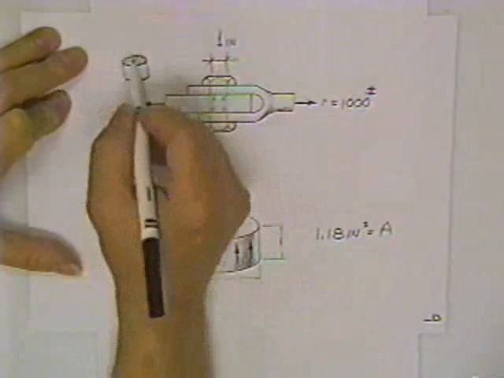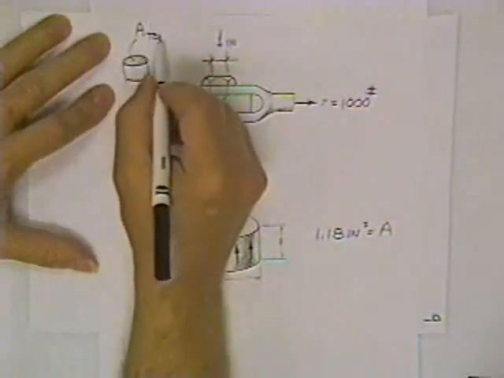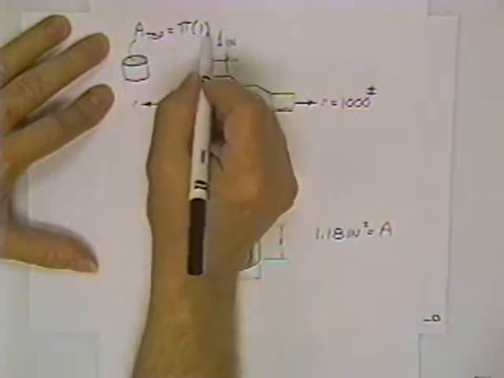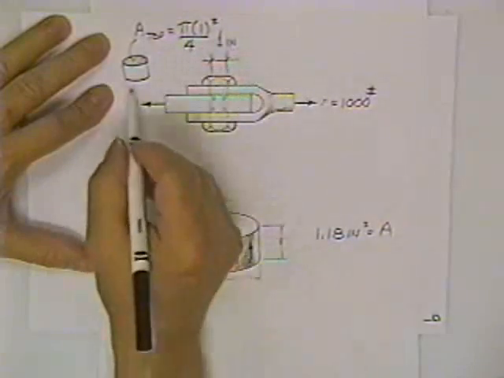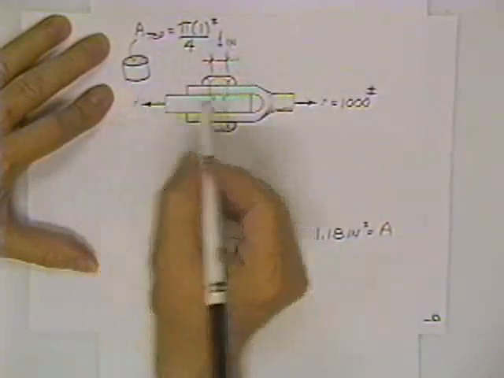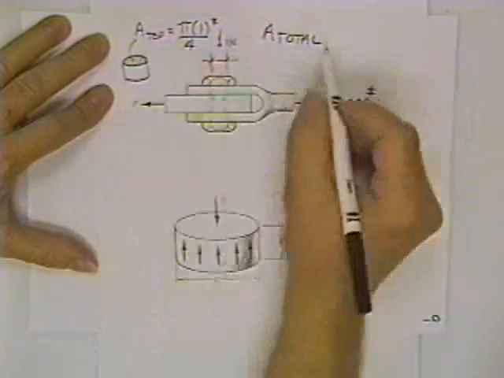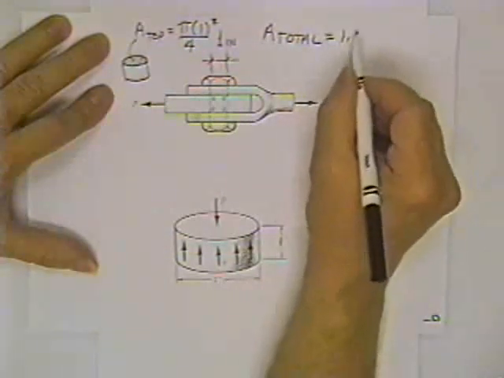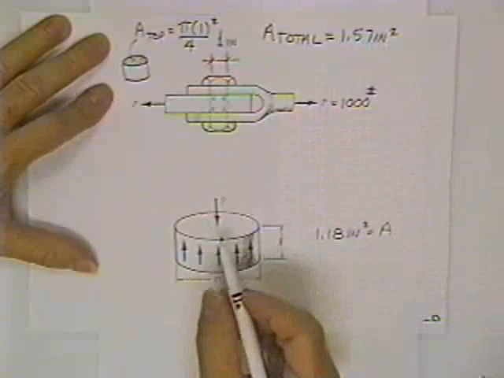This circle has a 1-inch diameter, and therefore this area on the top is equal to pi d squared over 4. And there's another one just like it on the bottom. So the total area would be 2 of these. How much do you get for that? 1.57 square inches of steel.